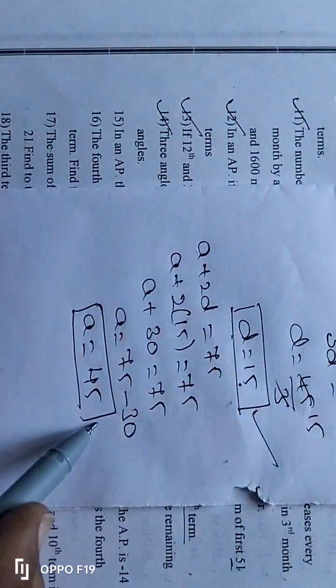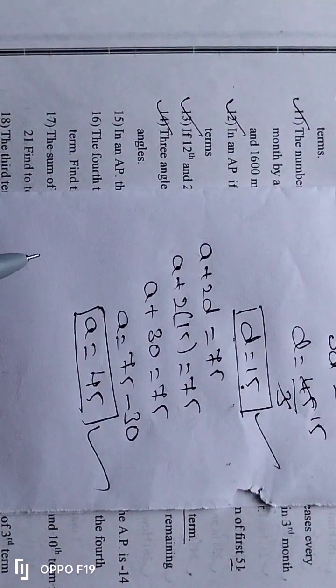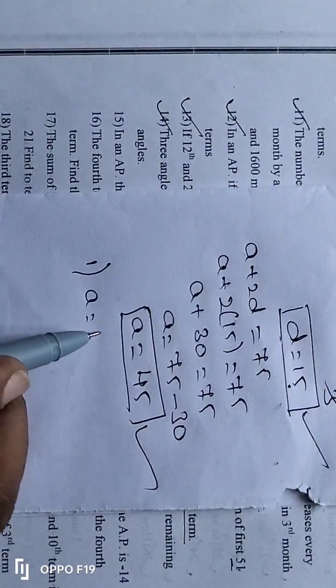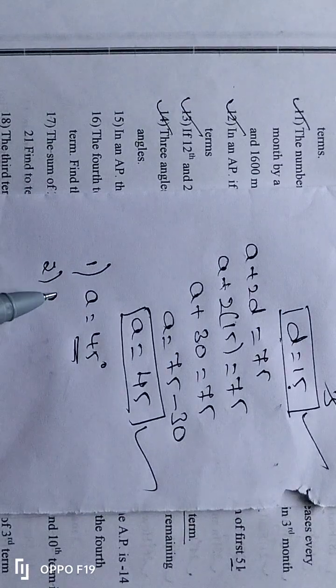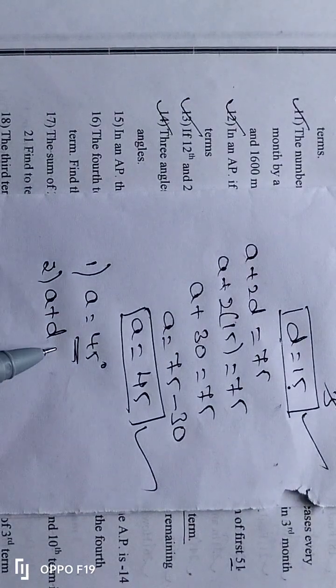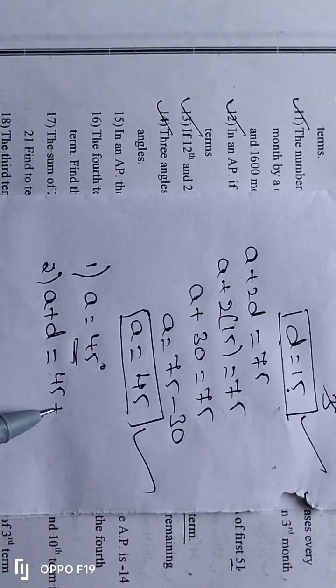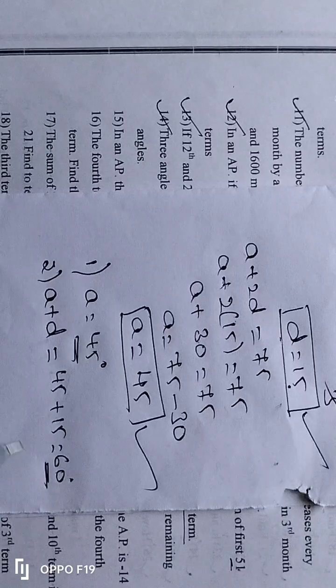After getting the value of D as well as the value of A, now find the three angles of the triangle. The first is A. A is equal to 45 degrees. Then the second one is A plus D. A plus D is equal to 45 plus 15, so 45 plus 15 is 60 degrees.